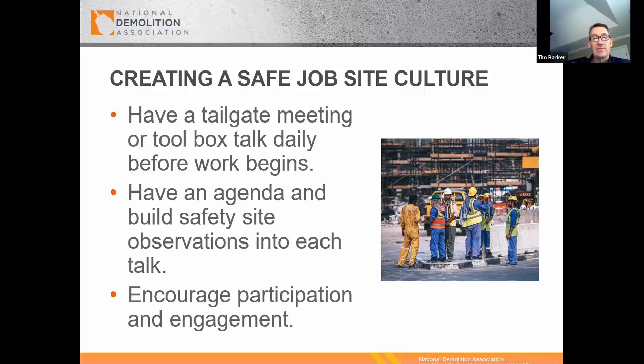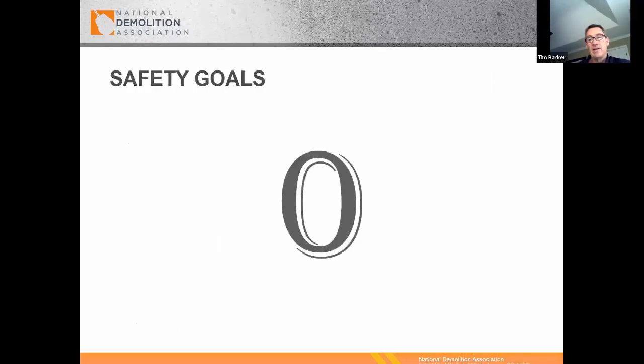Try to provide incentives. If you can get to so many hours as an organization without a recordable injury, or through the project without injury, have maybe a steak lunch or some type of monetary incentive, and you'll see that will create a great positive safety culture and allow you to be a lot more competitive as a company. Your safety goal needs to be 0.